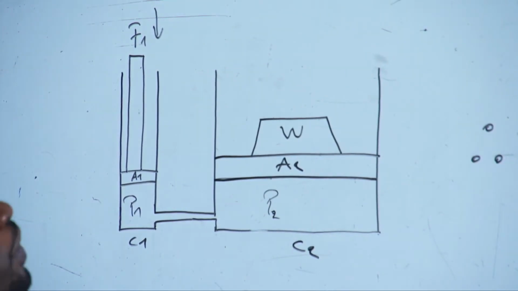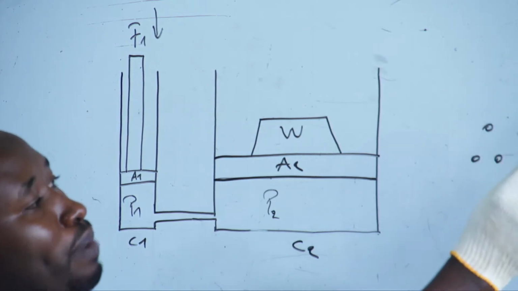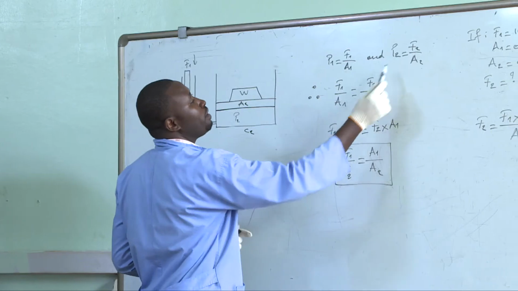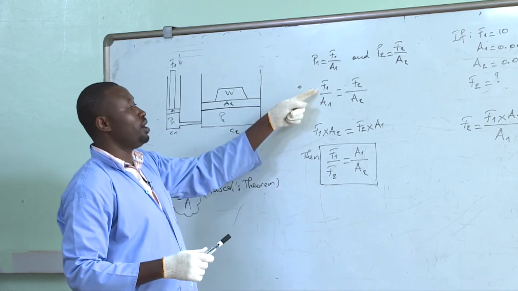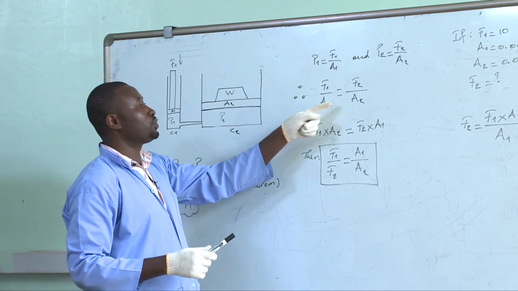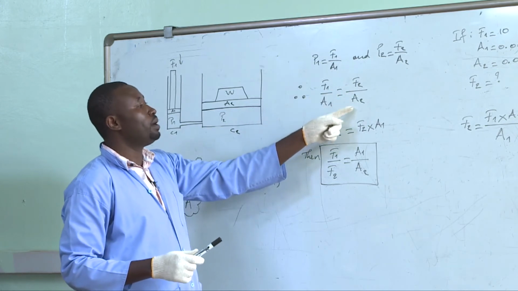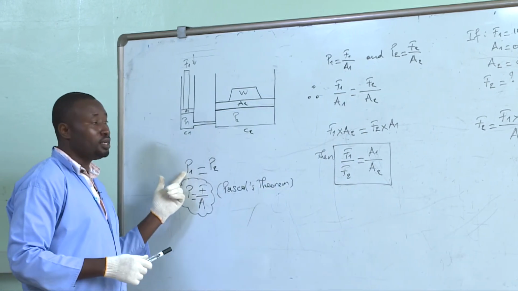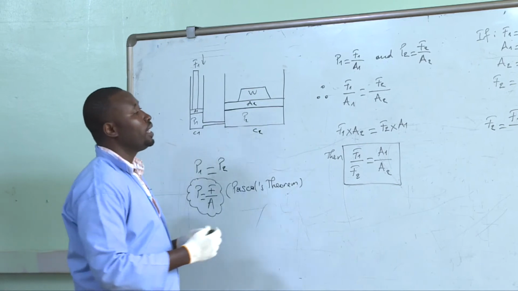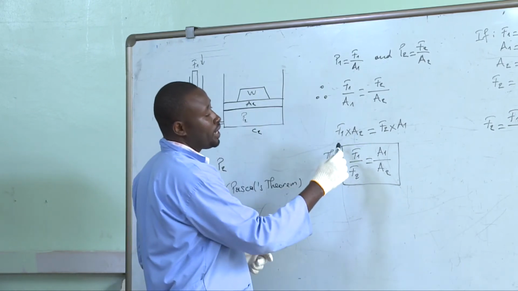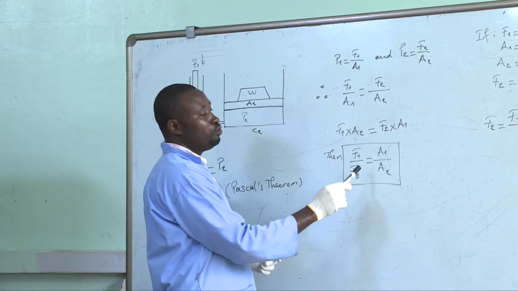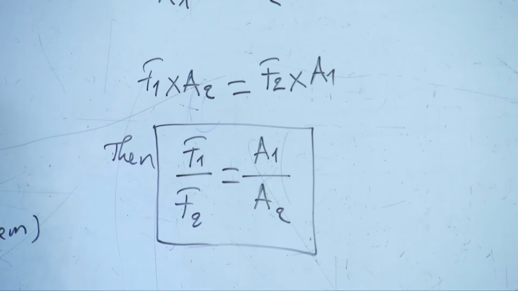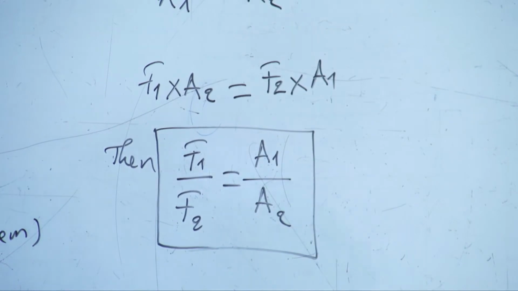Now, we know that P1 is equal to F1 per A1 and P2 is equal to F2 per A2. Therefore we can conclude that F1 per A1 is equal to F2 per A2, just because P1 is equal to P2. Therefore, F1 per F2 is equal to A1 per A2. Let's apply some numerical values.